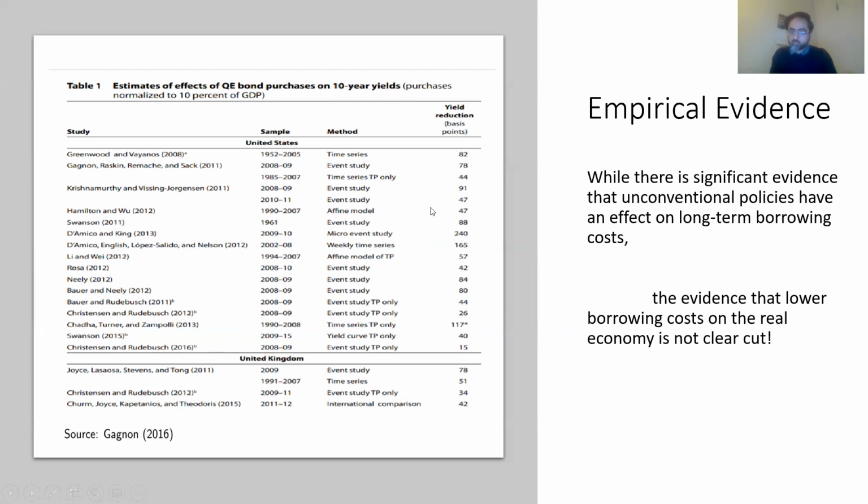In a few others, it's pretty low, 15 basis points, 26 basis points. But if you take the average, it's somewhat less than 100 basis points, but still higher than, let's say, 70 basis points. So the effect is quite significant, given that long-term interest rates are pretty low in advanced economies to start with. A 70 basis point reduction is quite significant.